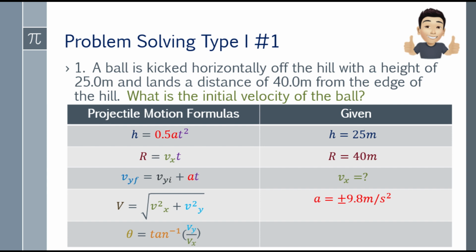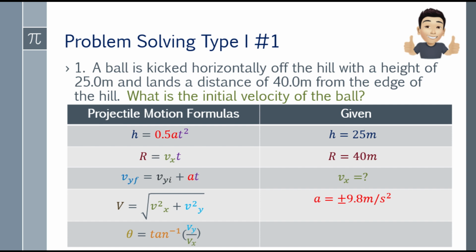Pwede mo siyang gamitin yung V na yan for initial. Basta, initial din yung horizontal and vertical. Kung gusto mo hanapin yung final velocity, so dapat final velocity din yung nasa loob ng formula mo. Or nasa loob ng radicand. So, yung Vx square at Vy square na yan, kung final ang hinahanap mo, dapat final din yung dalawang V na yan na nasa loob ng radical sign.